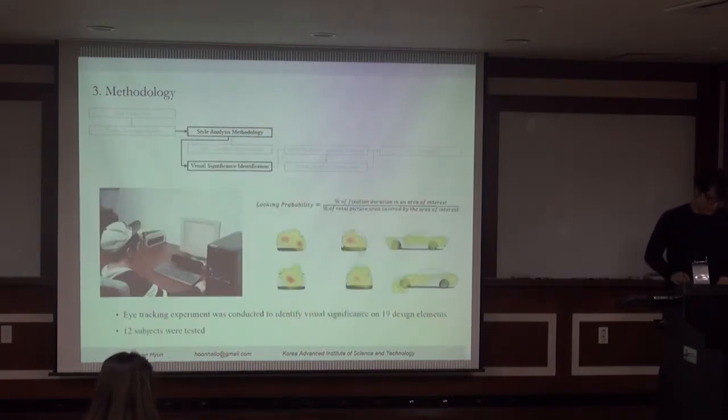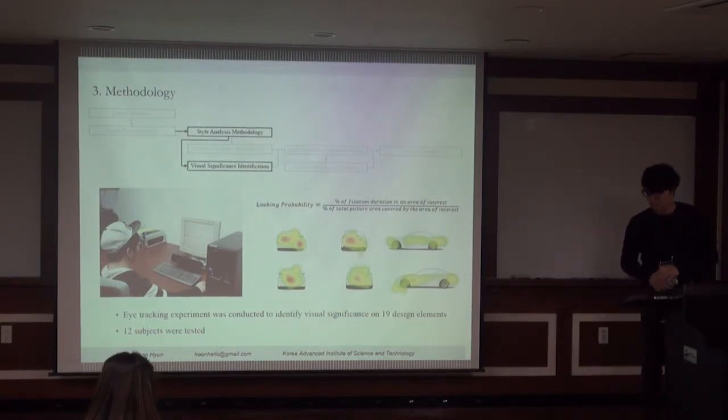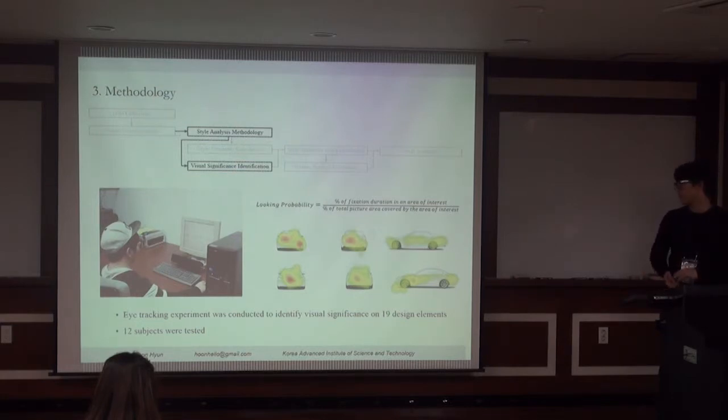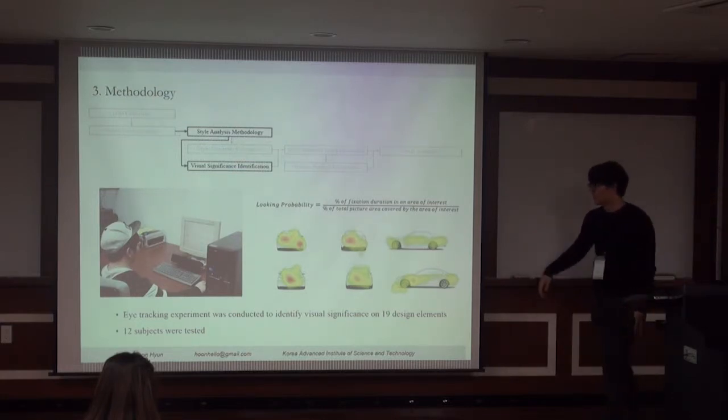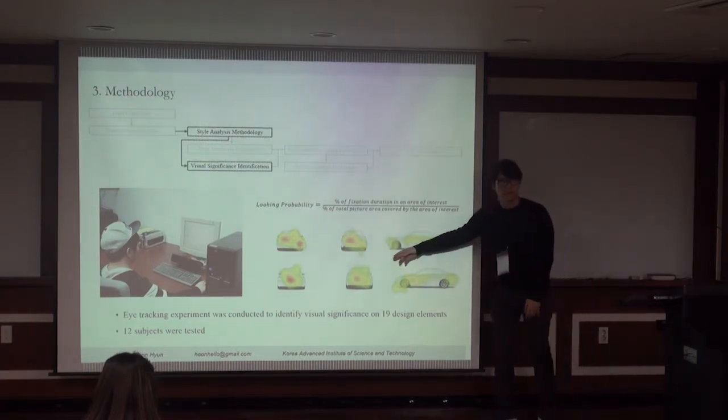And in parallel, I also identified the visual significance. So I did an eye tracking experiment on 12 subjects on 19 different design elements. So this is how the result came in. So yeah, eye tracker.